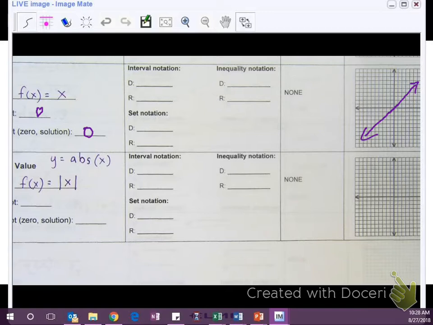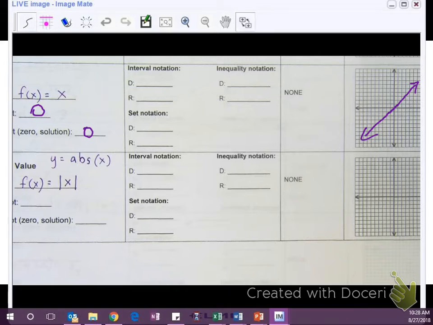Now, sometimes I ask you to give me these as an ordered pair, sometimes I just ask you where it is. This paper did not specify that you give it as an ordered pair, so we're just going to talk about where it crosses the axes.